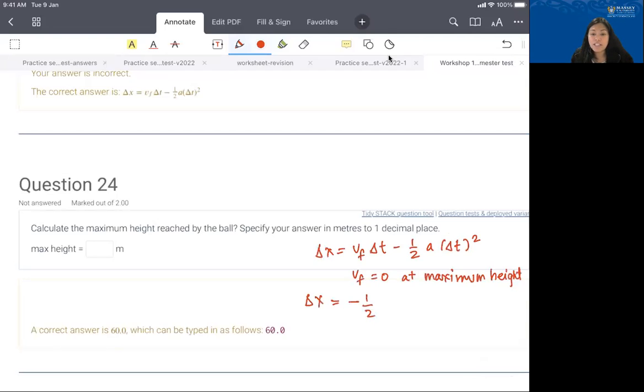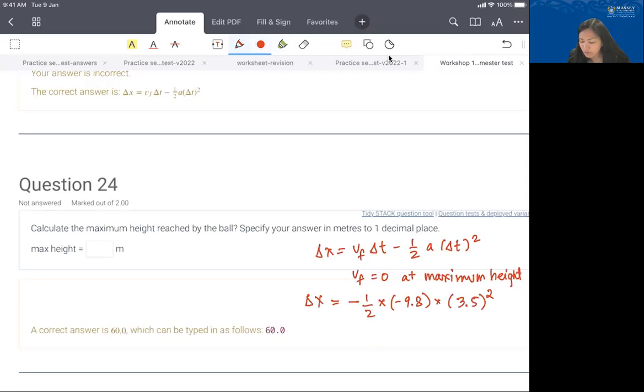a delta t squared. We actually know a, that's negative 9.8. Remember to put your negative sign for your acceleration. And then delta t was given to be 3.5.